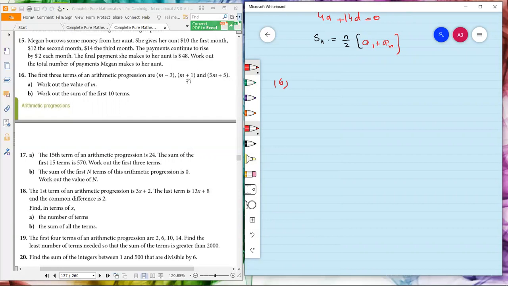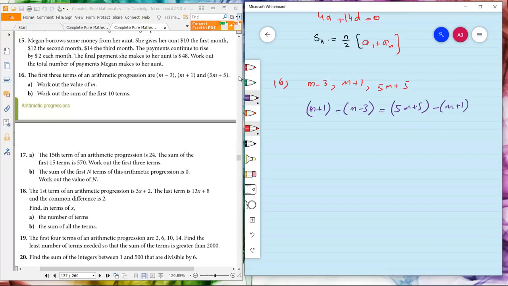In an arithmetic progression, the common difference will be the same. The terms are m minus 3, m plus 1, and 5m plus 5. If this progression is arithmetic, then the common difference is the same: m plus 1 minus the first term m minus 3 equals the third term 5m plus 5 minus m plus 1.